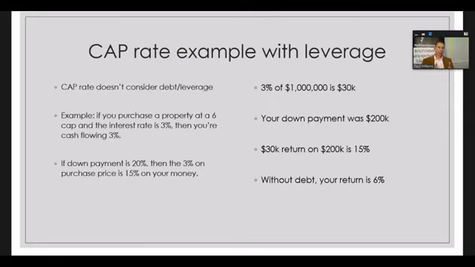Regardless of whether you have a loan or not, that doesn't affect the cap rate. If you buy this $1 million property with cash and you're bringing in $100,000 after expenses, that would be a 10 cap. If you have a mortgage on it and all of that's going to the mortgage payments, it's still a 10 cap.